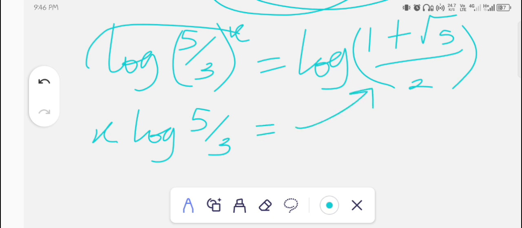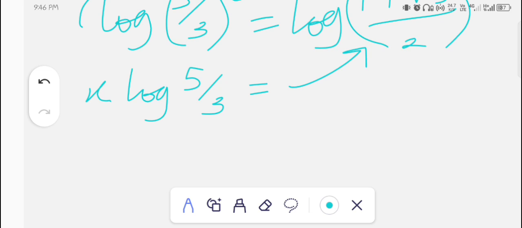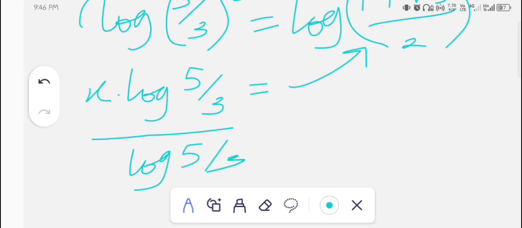And if this is true, the value of x becomes, dividing both sides by the logarithm of 5 upon 3, since there is a multiplication sign existing between x and the logarithm of 5 upon 3. Very good.